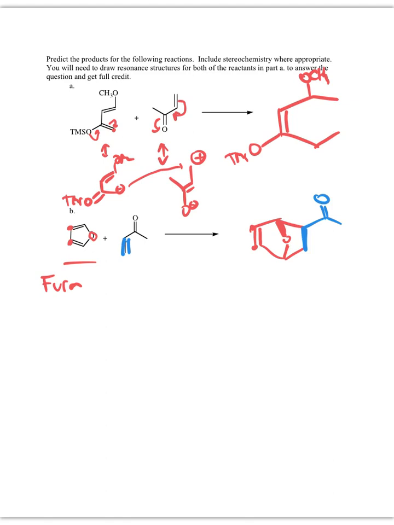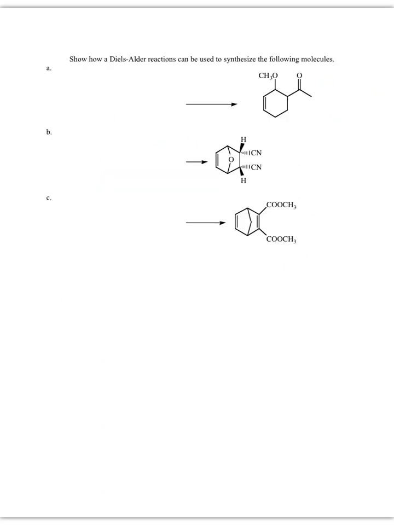The dienophile would have to be this way, so that this carbon, which is the one that we drew a resonance structure with a positive charge on, is down there, and the carbon of the diene that had the electron-rich character to it is right there. So those two carbons have to be connected together in our six-membered ring.